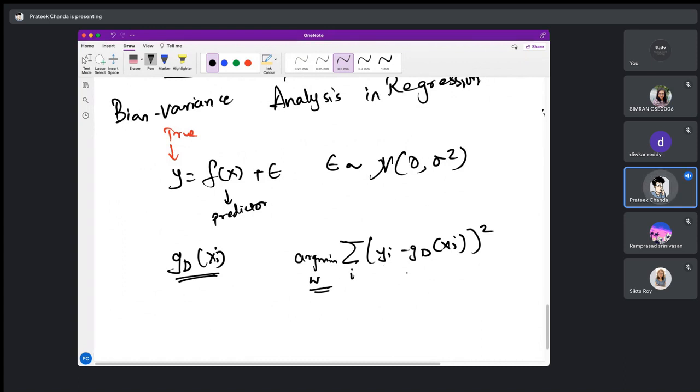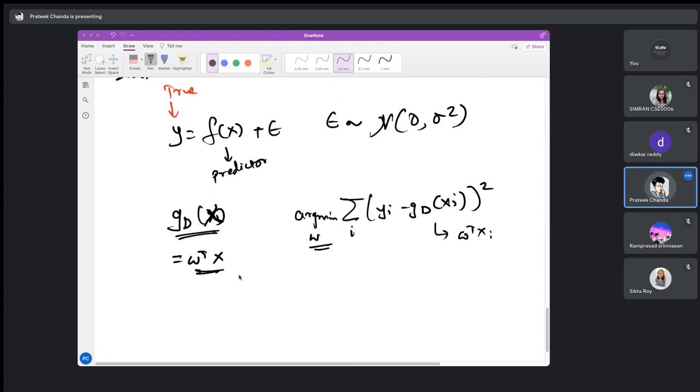This is the minimization of the L2 loss that we saw, and g_D(x_i) can internally have some w transpose x_i. So I can write it as w transpose x for g_D(x), and for g_D(x_i) it would be w transpose x_i. We want to fit a line, so g_D(x_i) can be one of the fitting lines, acting as an estimator.